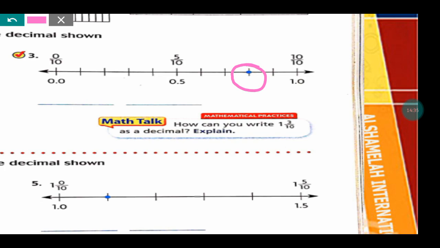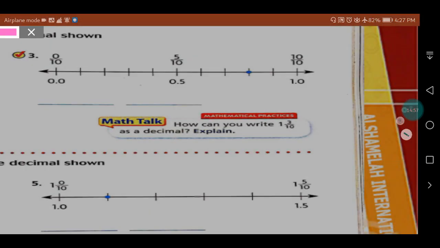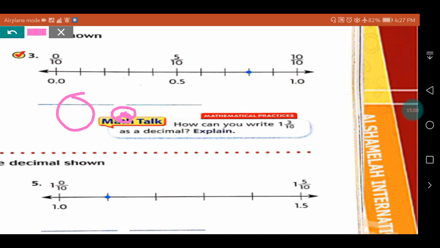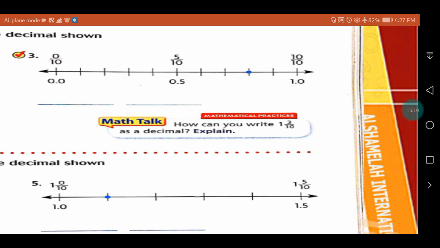If you look here, we have 5 tenths and here 10 tenths. The next step here is 6 tenths, here 7 tenths, then the point which we want is 8 tenths, okay. Then right here 0.8, 8 tenths, or like this, 8 over 10. Okay, understood?